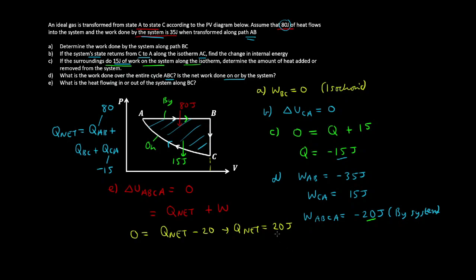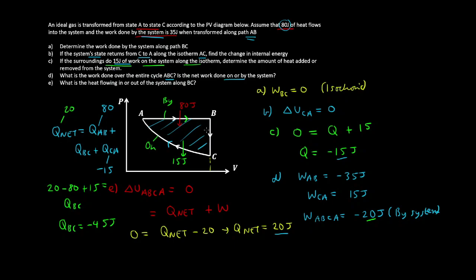And given that the net heat is going to be positive 20 J, which is going into the system, therefore we have 20 joules minus 80 plus 15 is equal to QBC, which gives QBC is equal to minus 45 joules.